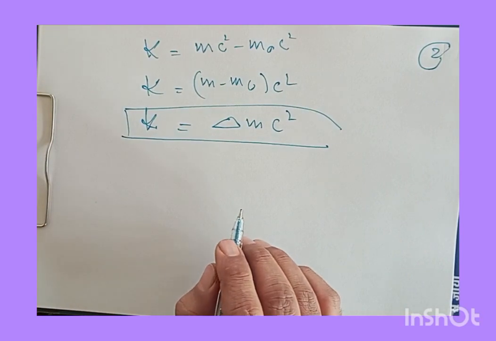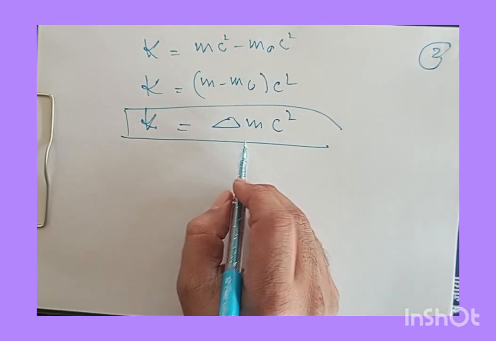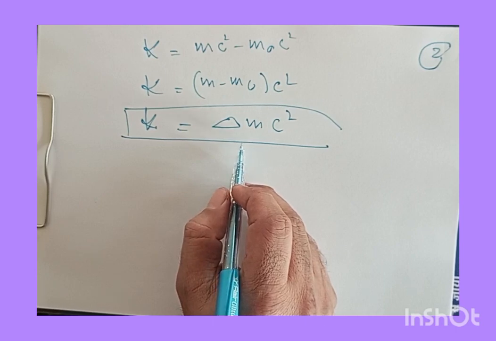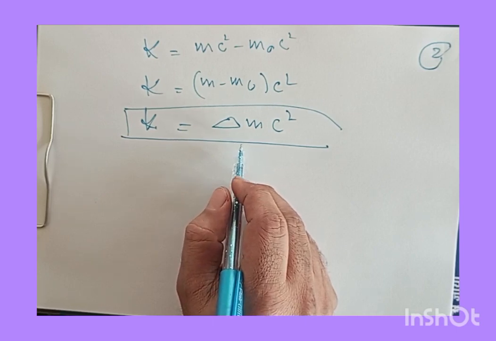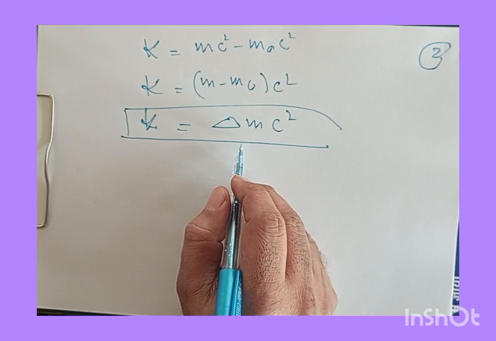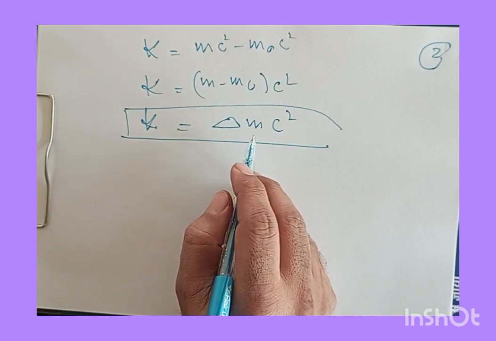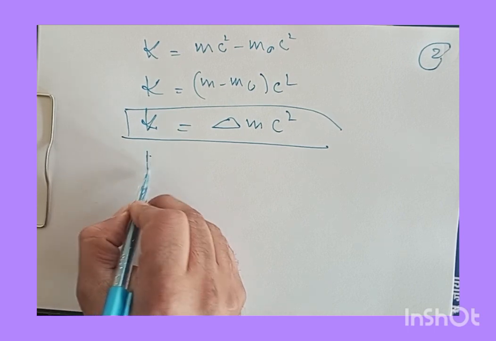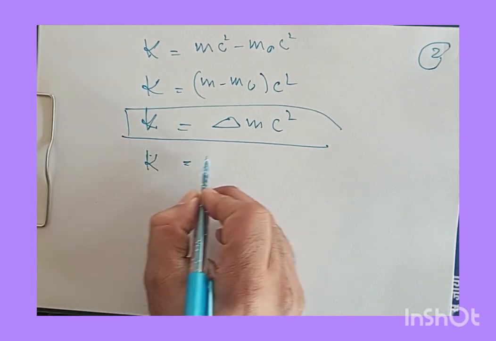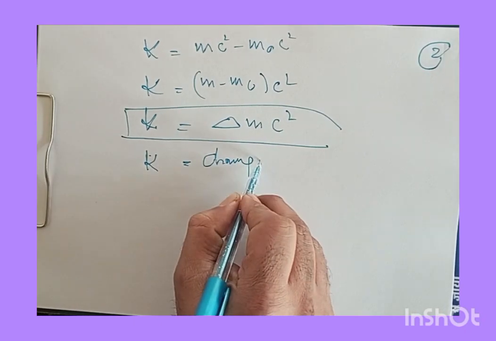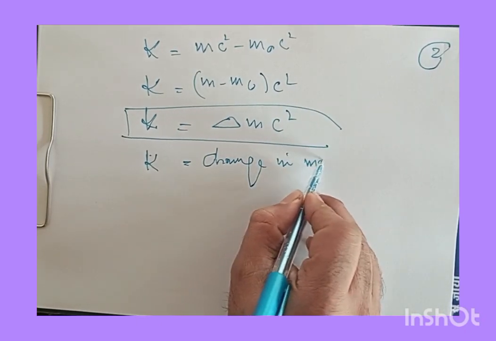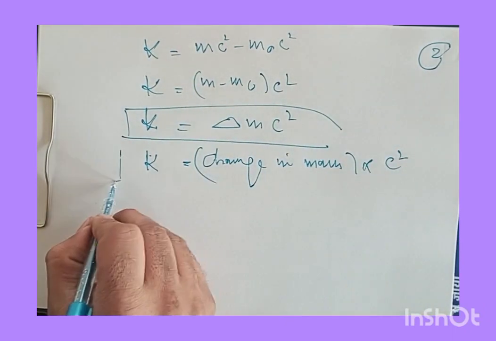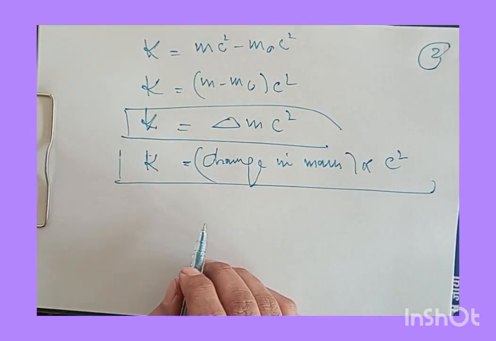Now this delta m is the change in mass, which we can assign as the mass defect. And what we see from here is that the kinetic energy of the particle is the change in mass times the square of the speed of light.